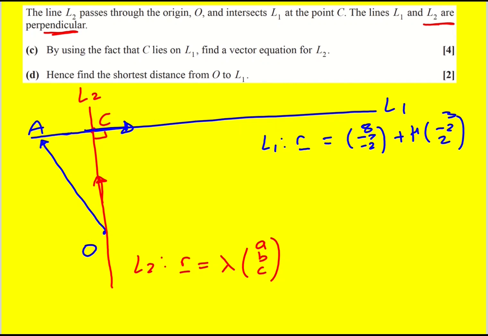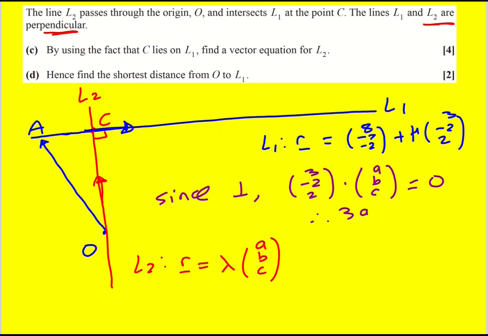So since perpendicular, then 3 minus 2, 2, dotted with A, B, C is going to equal 0. So therefore 3A minus 2B plus 2C equals 0. We've got a relationship between A, B, and C from that.